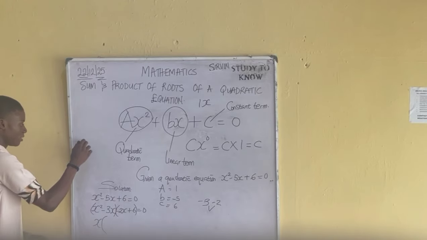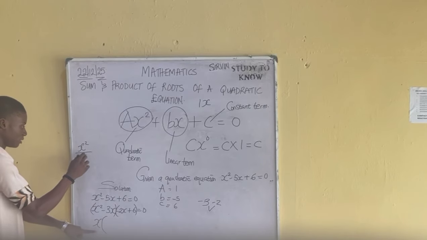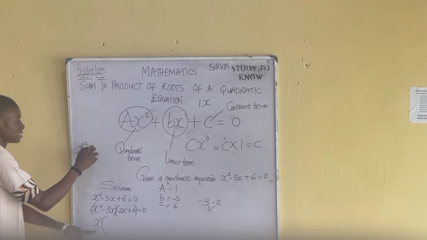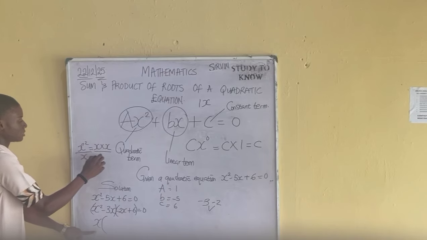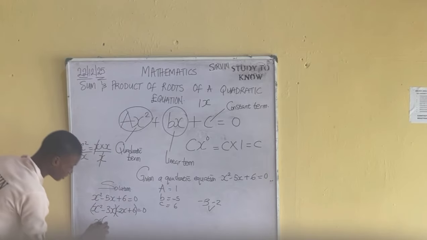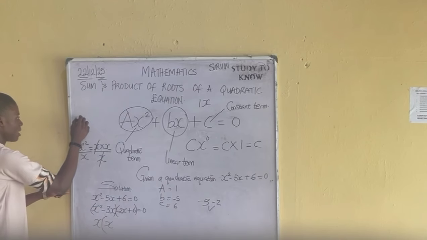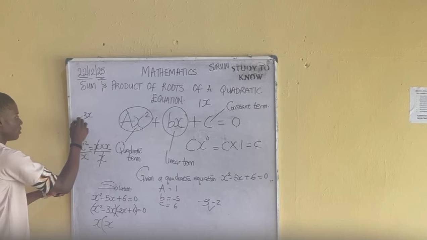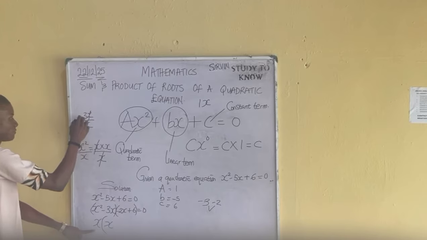So x squared, which is the first one inside, over this x outside here. Remember, x squared is the same as saying x times x. So 1x cancels 1x, and what is left is only 1x. So x. Then I have minus 3x, so minus 3x over x. x cancels x, I have minus 3.